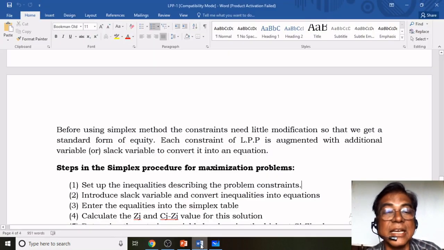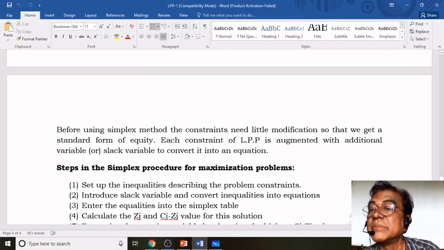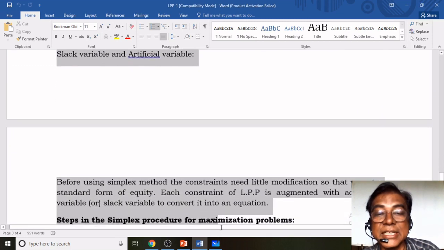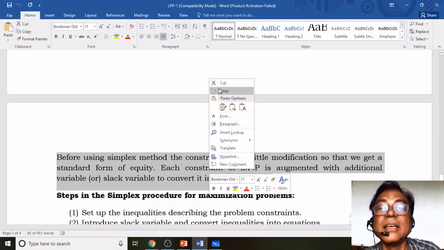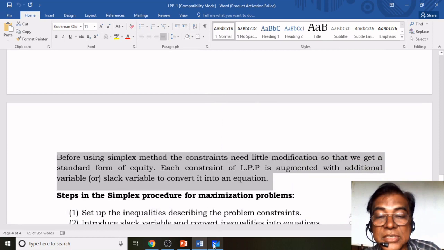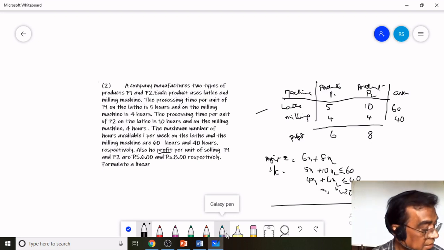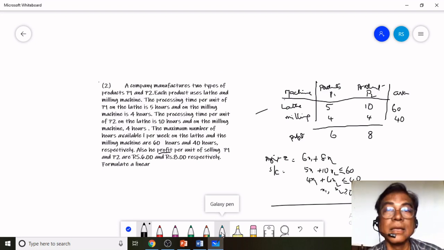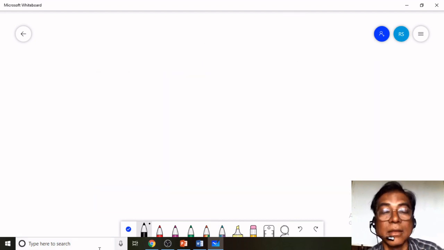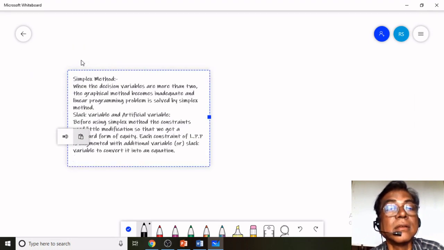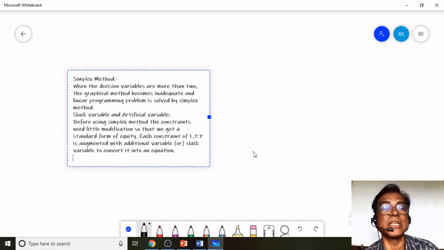Okay, now I will show how to solve it, the definition of the simplex method.